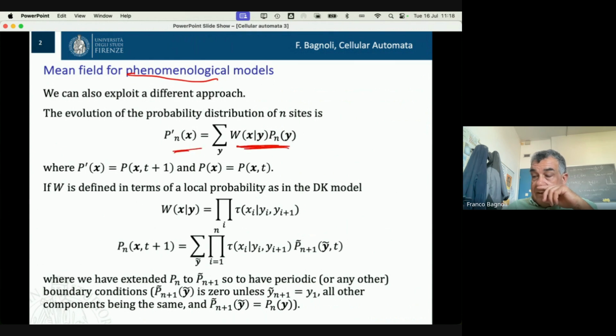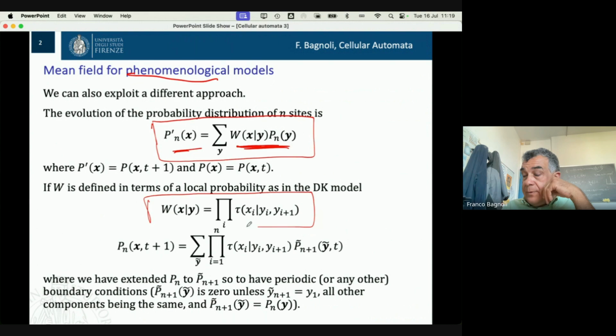So where we do not have the concept of energy or of equilibrium and so detailed balance and so on. So the idea is that we start from this Markov process, as we already have seen, and where now we assume that the Markov process is given by a local process, like for instance in the Domany-Kinzel model.